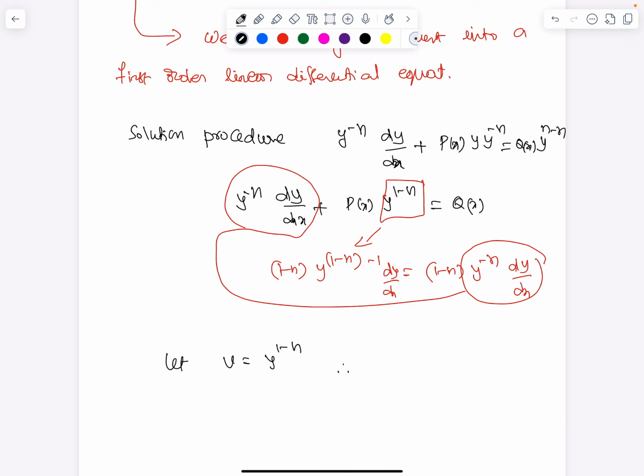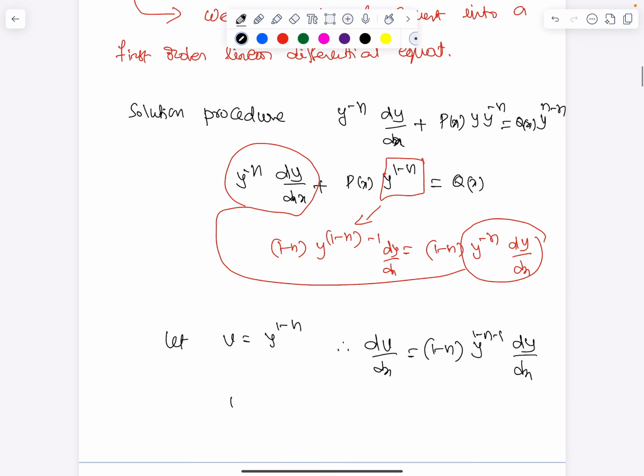Therefore, after applying the derivative, dv by dx is equal to 1 minus n into y power 1 minus n minus 1 dy by dx. Further simplification leads to y power minus n dy by dx is equal to 1 by 1 minus n dv by dx.